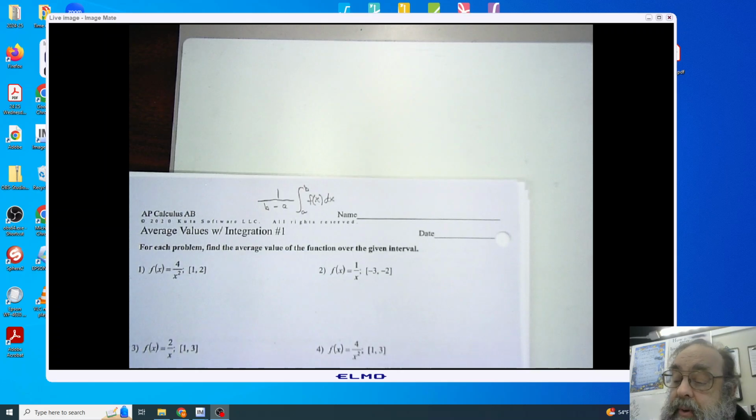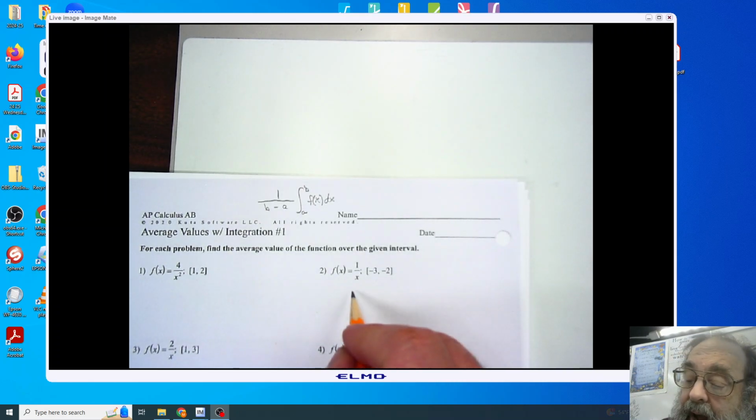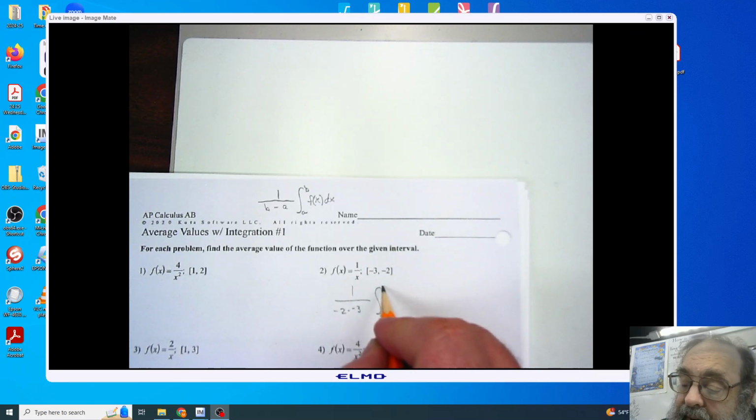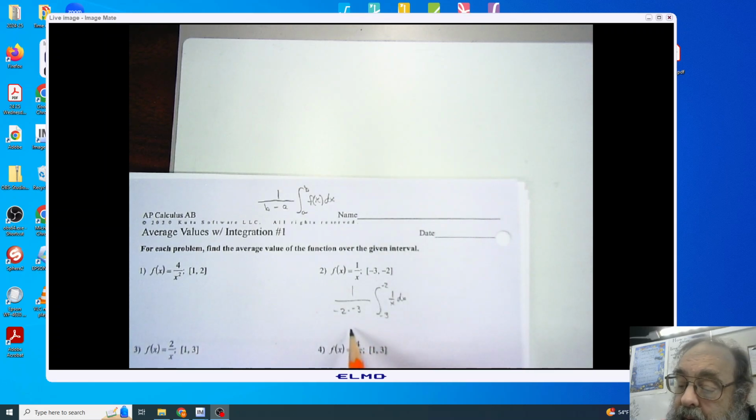In number 2, we're going to start off by setting it up as 1 over negative 2 minus negative 3 times the integration from negative 3 to negative 2 of 1 over x dx. We're now going to have 1 over 1 times, and we're now going to integrate the natural log absolute value of x from negative 3 to negative 2.